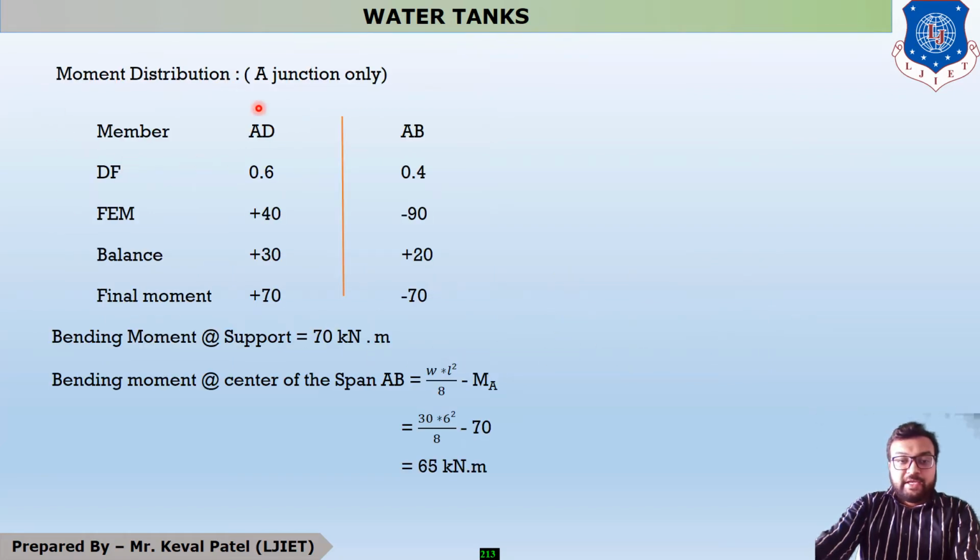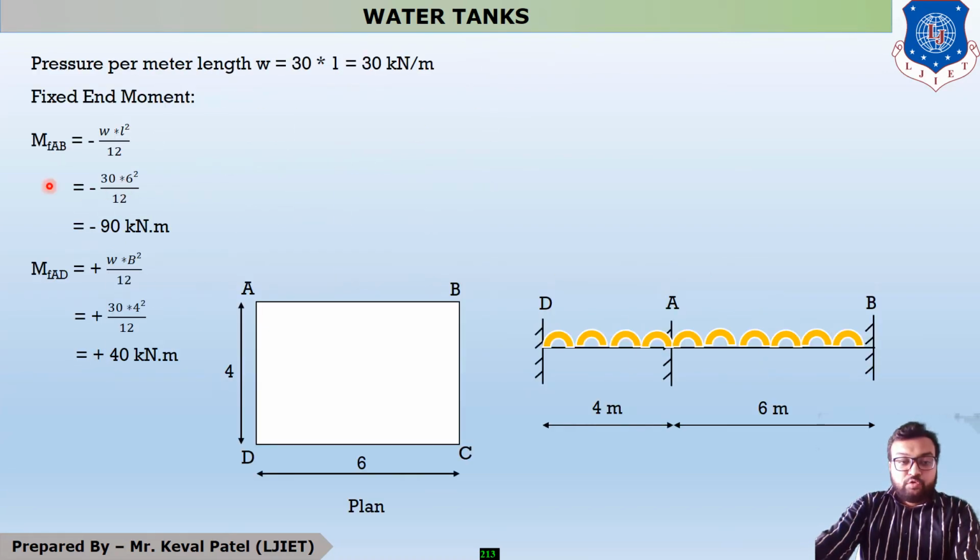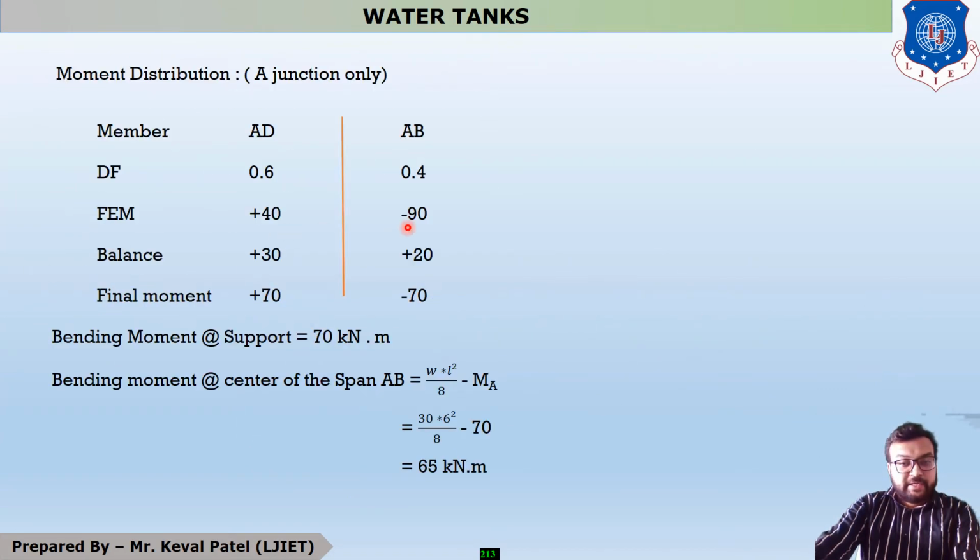So for the AD member, the distribution factor is 0.6, and for AB, the distribution factor is 0.4. Now, FEM, it means fixed end moment. You can see that for AD, our fixed end moment is plus 40, and for AB, it is minus 90.